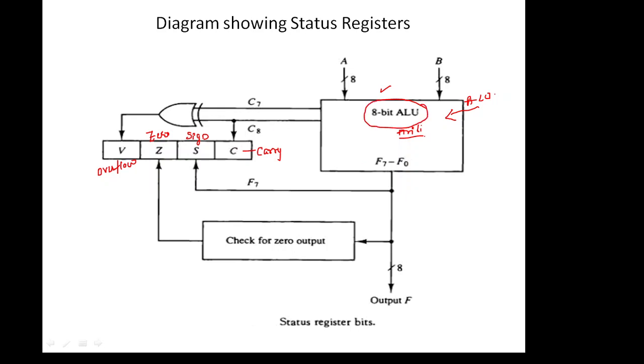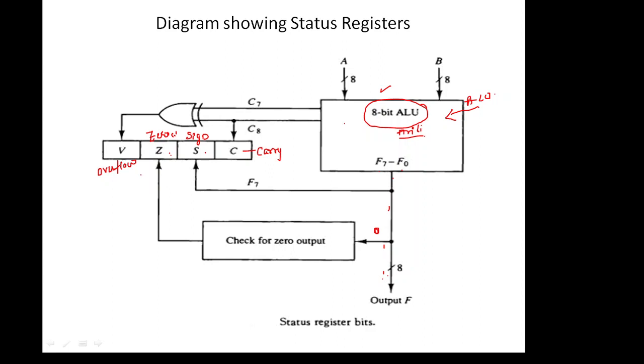If the output result, here F7 to F0, is 0, then the zero flag is set to 1, and we need not go to the ALU to check the result. If the sign flag is set to 1, we can say the result is negative. By seeing the status of these different flags, we can check these things.